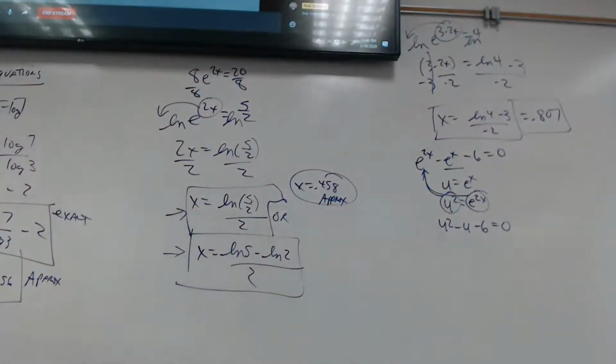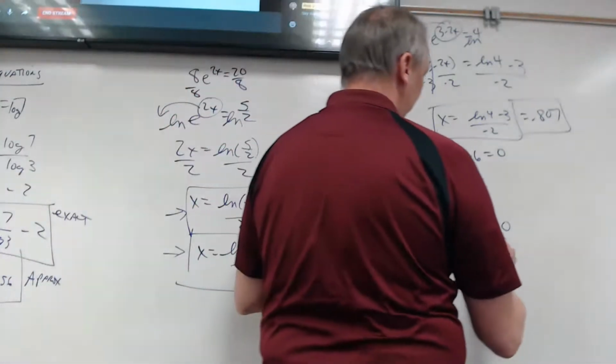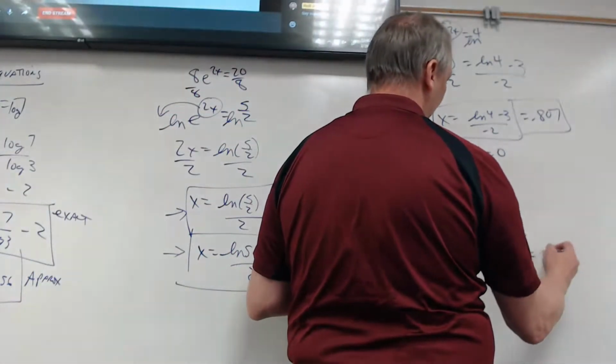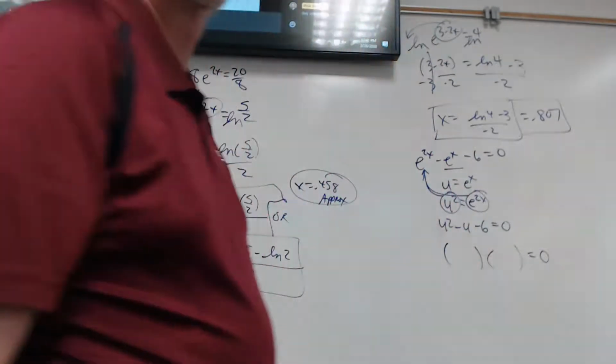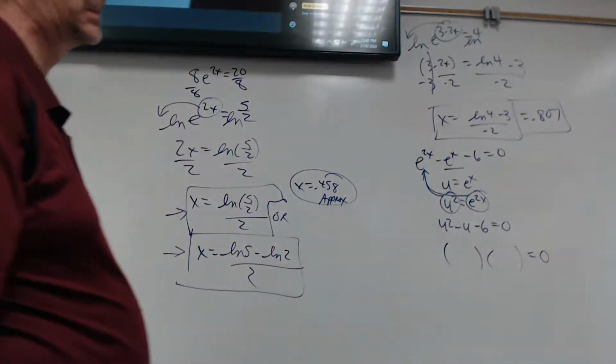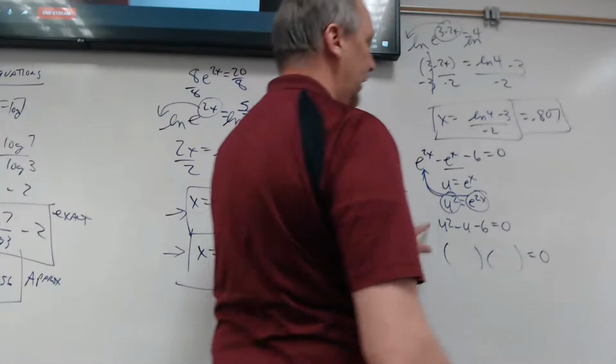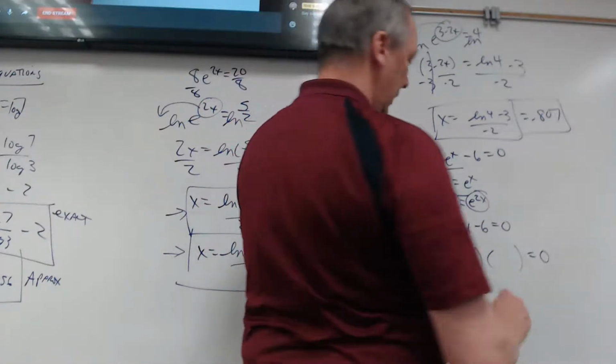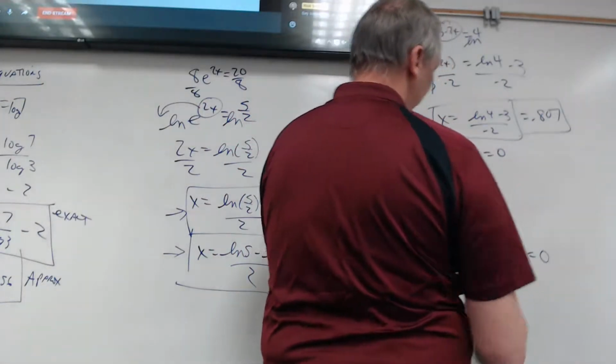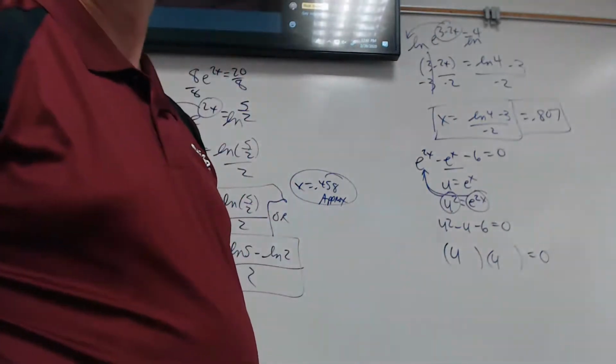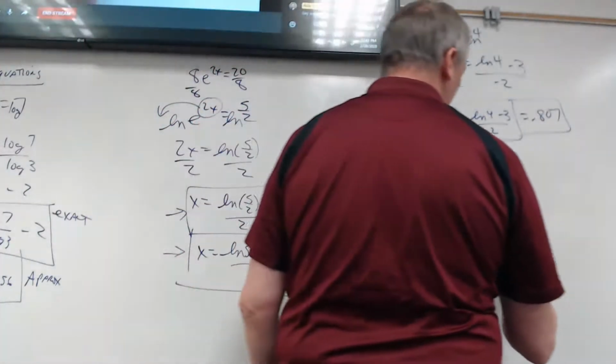Now, Daniel, you can factor that, right? What does that factor into? Factors of u squared, u and u. Factors of 6, 3 and 2.